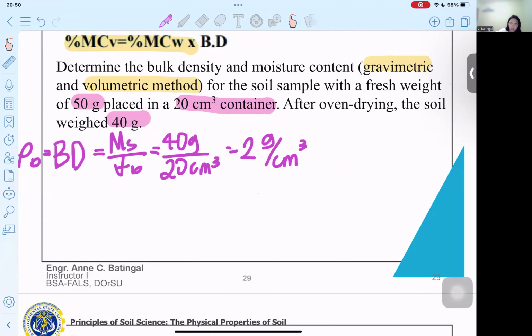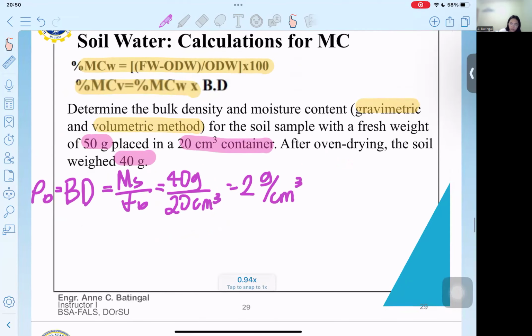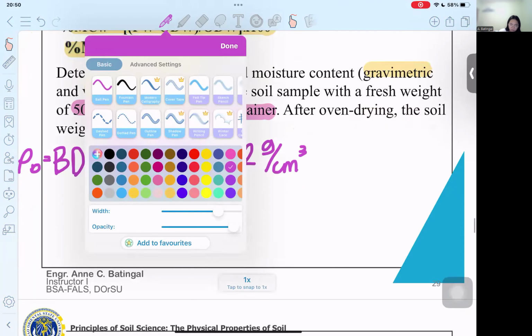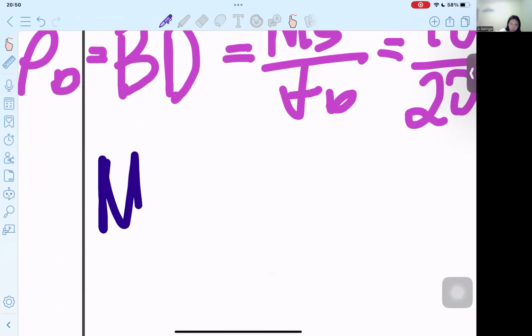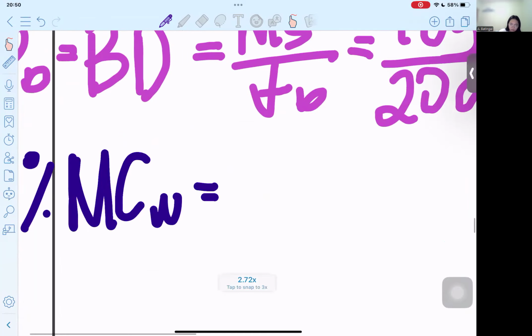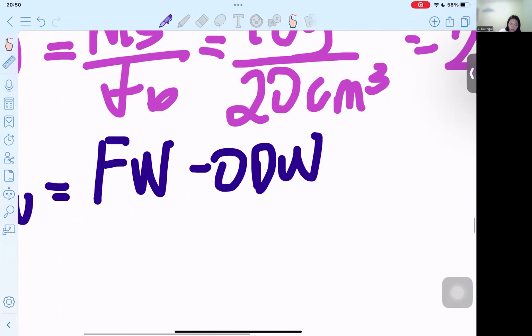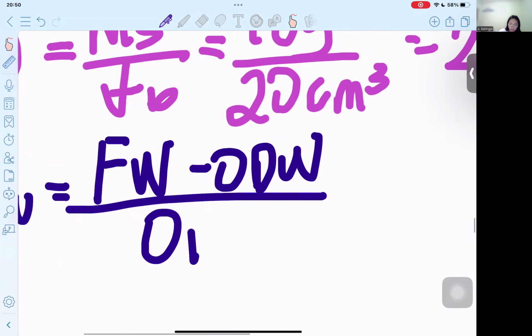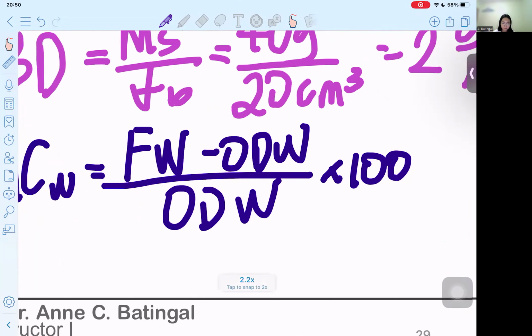Now, for the moisture content by weight: fresh weight minus oven dry weight over oven dry weight, times 100. Don't worry, the exact formula will be provided.